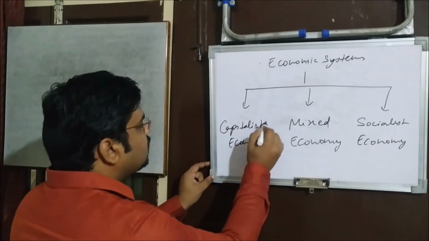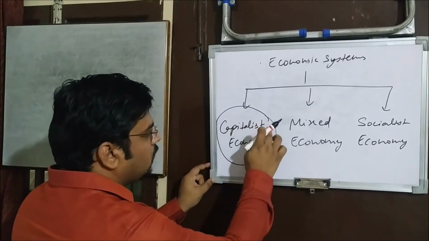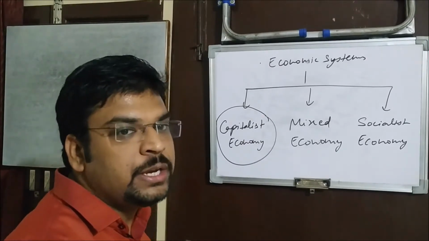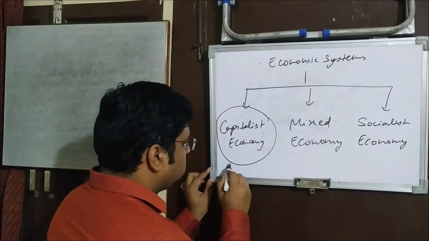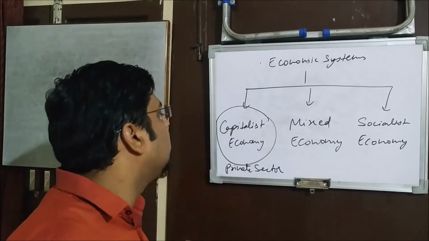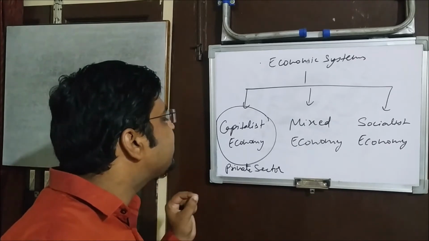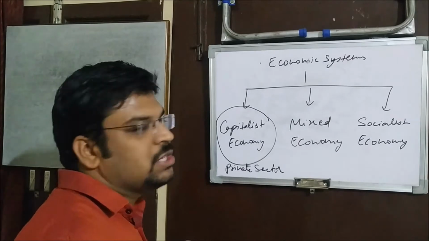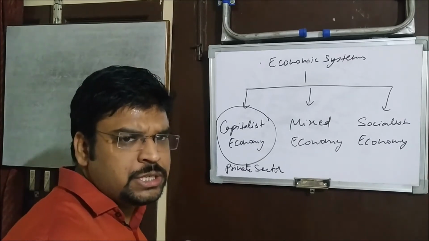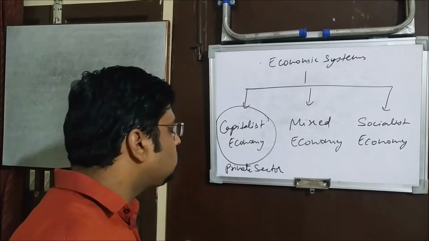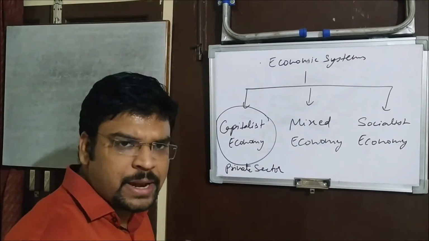Capitalist economy is when the government gives the entire responsibility of nation building to the private sector. If any country has adopted this system, such countries are known as capitalist countries. There are a few countries with capitalist economies, for example America.